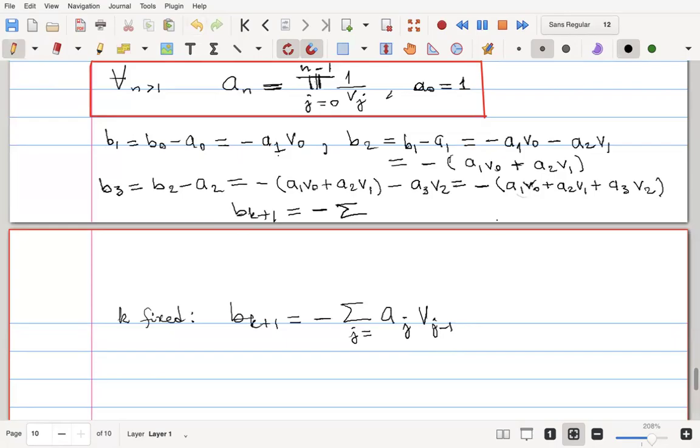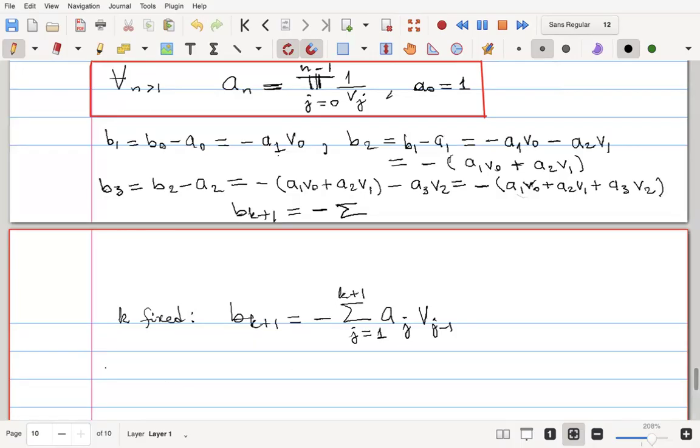So j starts from 1, and we reach 3 in terms of a, so the highest subscript will be 3. We saw that for the case of 2, the highest will be 2. Even for b_1, the subscript of a is exactly the subscript of b. So if it's k plus 1, it will go up to k plus 1. Right, so this is the formula.